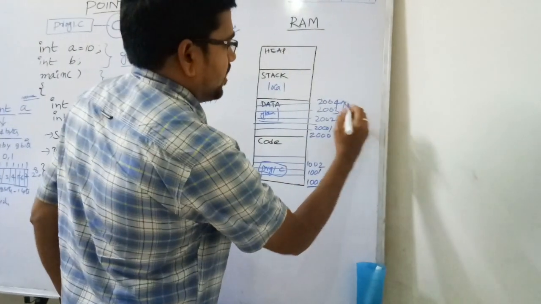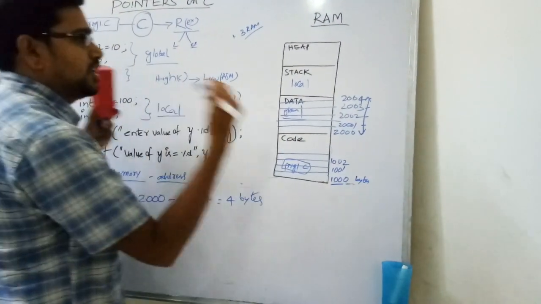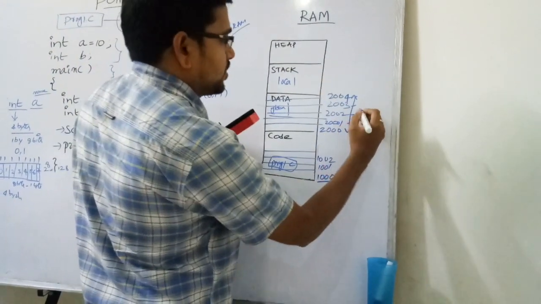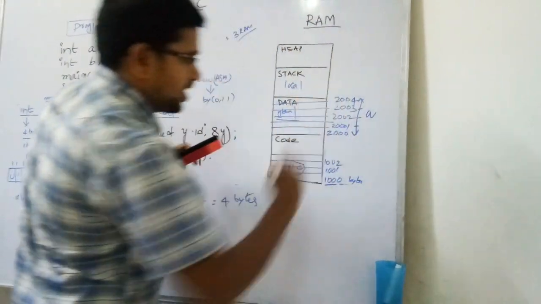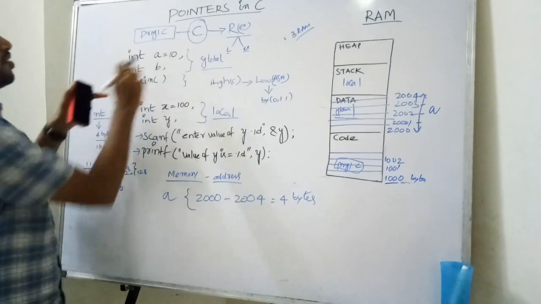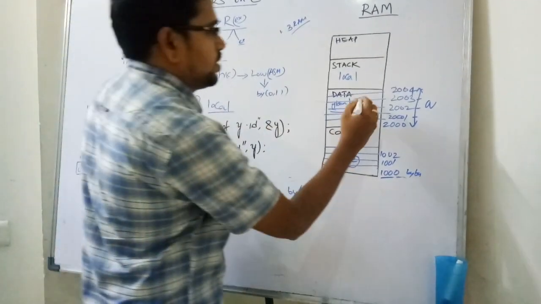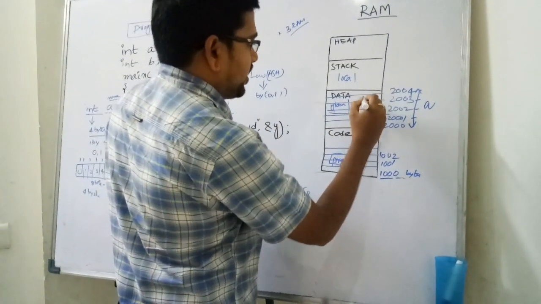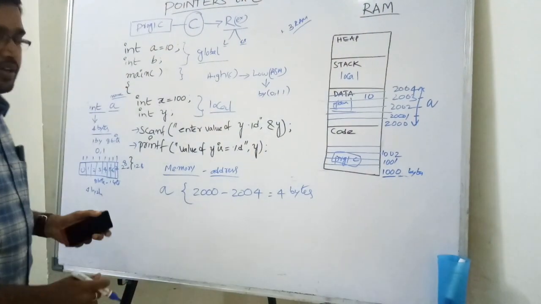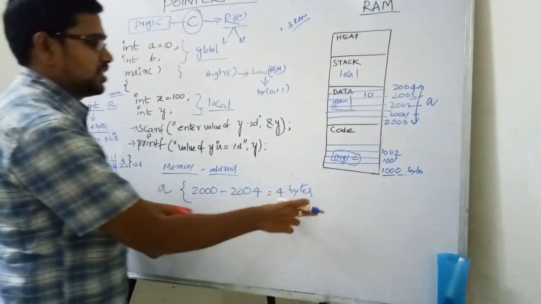My computer program will give this particular address a name. That name is A. So what is the value of A? It is 10. So in this entire memory, 10 will get stored. Clear? So this is the address, and this is the number.